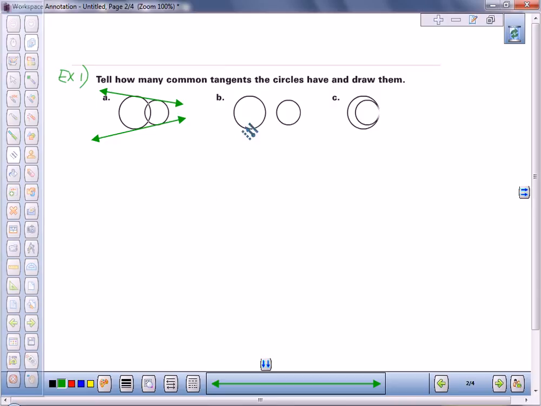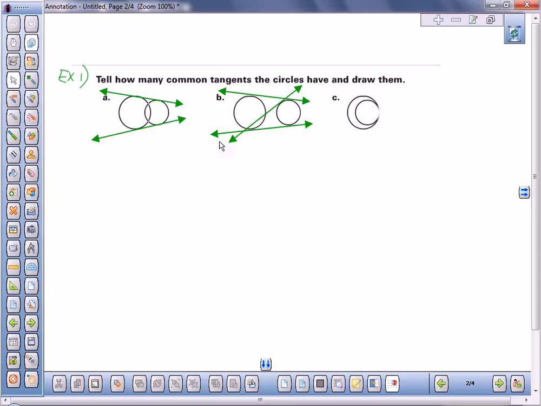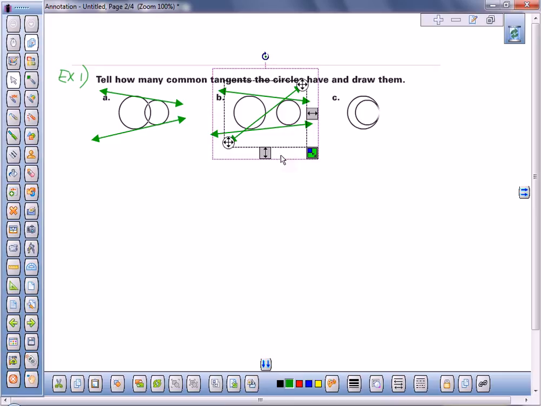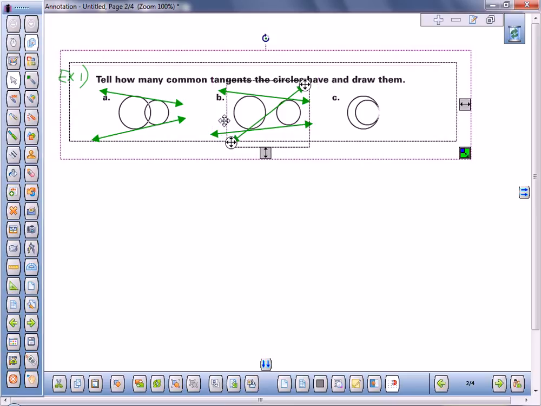Okay, so on B, let's start off with the same kind of idea. We already know that this little slant will work. I missed it on the larger circle. I'll try to go back and get that in a second. I also think that if I draw it in between the two here, I missed big time. Let's see if I can rotate that one. I got too many things going.